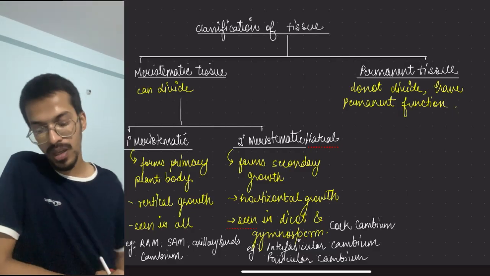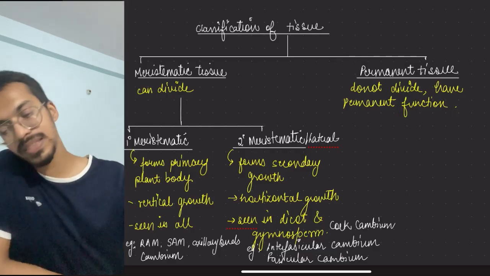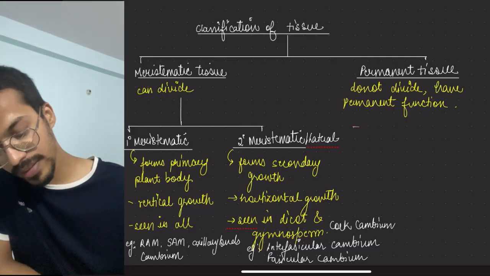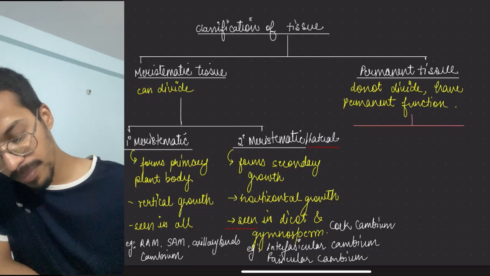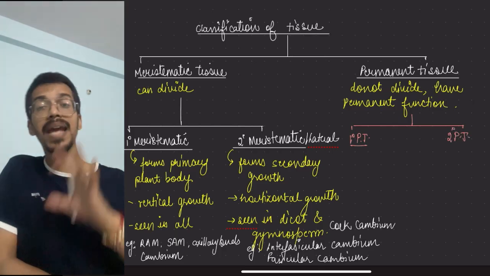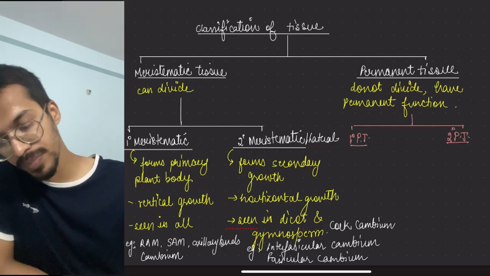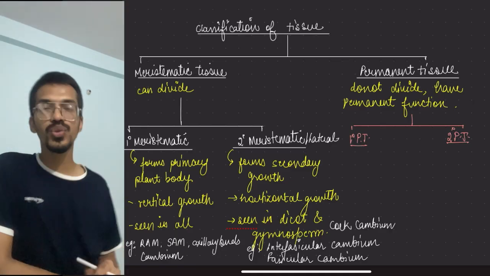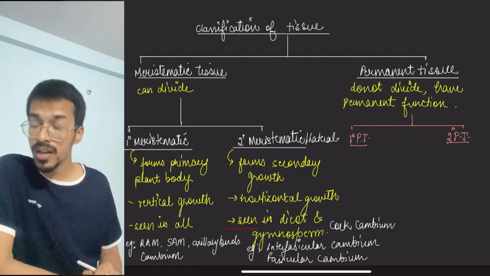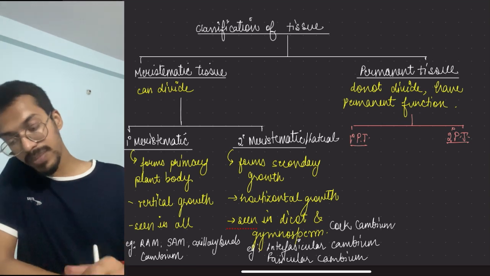That's it. Now the same goes with the permanent tissues. They are divided into primary permanent tissue and secondary permanent tissue. The primary permanent tissue is the one directly formed by the differentiation of the primary meristem. We remember this flow chart.